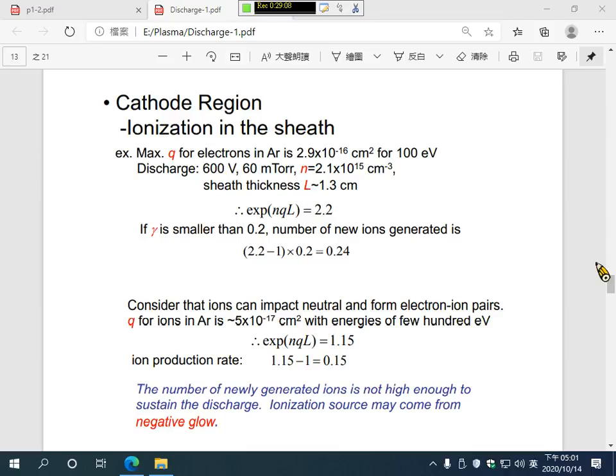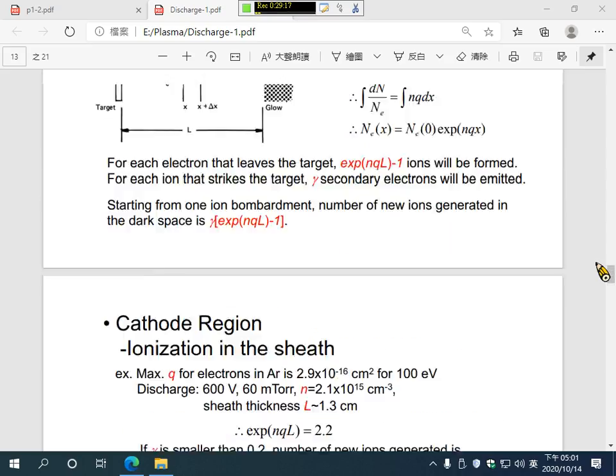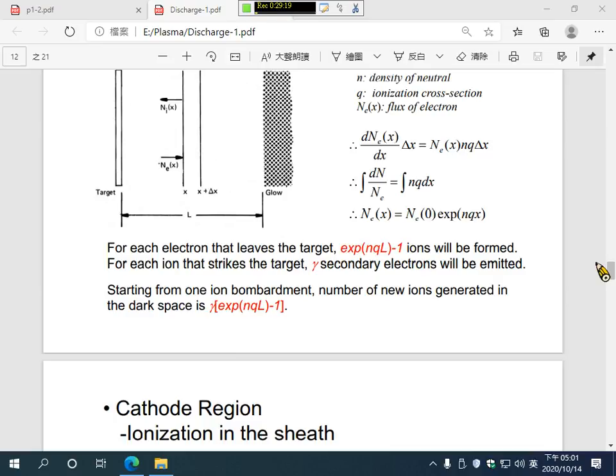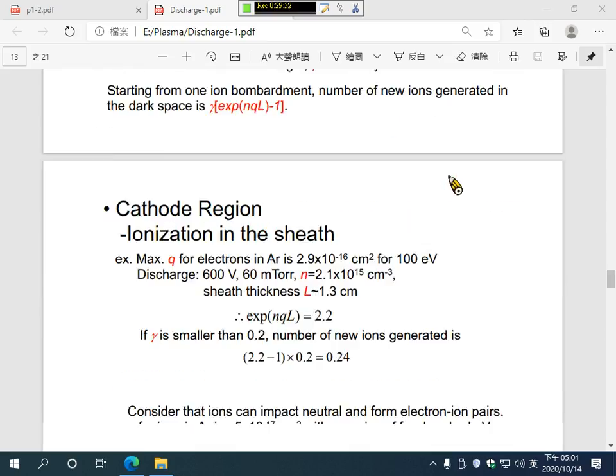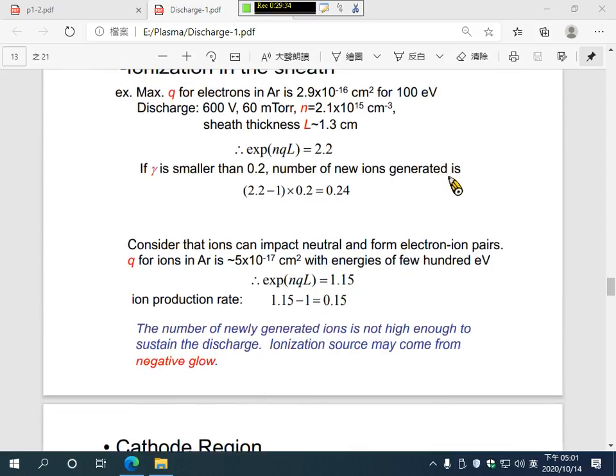So you got the exponential NQL equals 2.2. And the important part is this equation: gamma times exponential NQL minus 1. Right? Similar to the tungsten analysis. So the exponential NQL minus 1 is 2.2 minus 1.